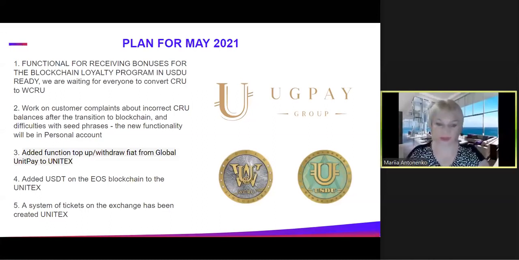Some people who are ready to wait for a couple of weeks can. They will have to wait for the USDT token to pop up on our exchange and other protocols. Those for whom the conversion of CRU and World CRU is stuck, I mentioned that it is in progress, and hopefully by the 15th of June, all the conversion issues will be fixed.